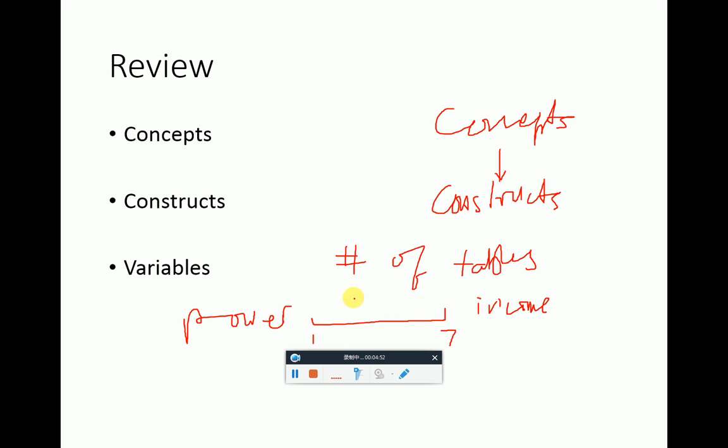So by using a scale, and once we start assigning numbers, assigning values to a construct, or once we start assigning values to a concept, we're turning constructs or concepts, or just loosely, we're turning concepts into variables. Okay? All right.